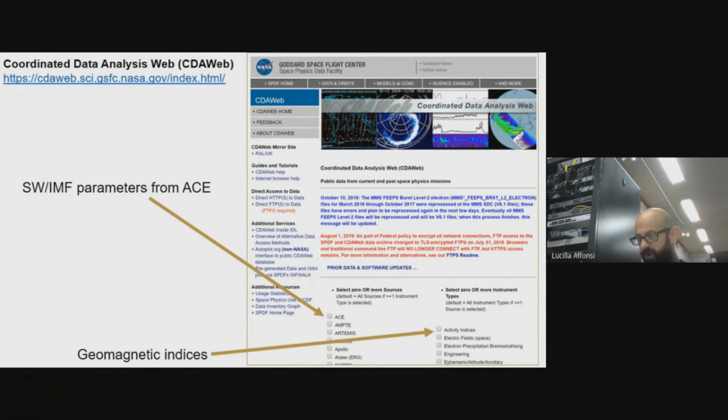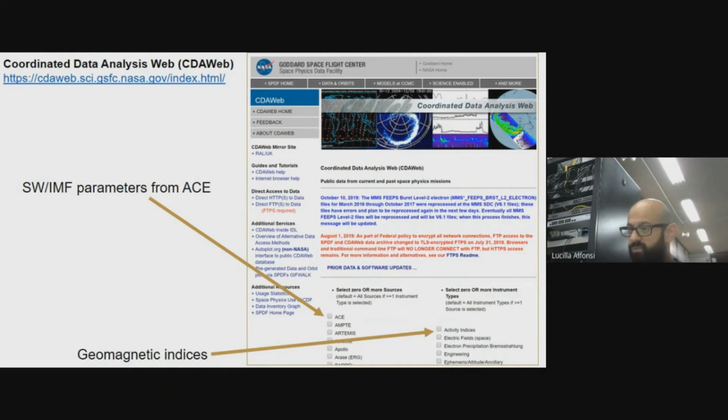I'm going to show you some of the most used databases and web portals from the ionospheric community in order to retrieve data for IMF, geomagnetic indices, and ionospheric data, so basically TEC and scintillation, and how to get the data, but also how to get the plots you can use directly to have a look at the data in order to understand what is going on.